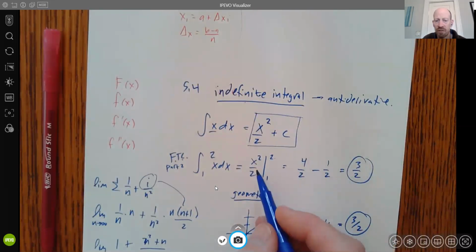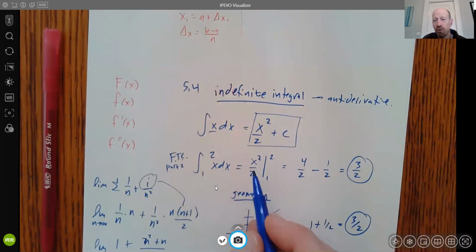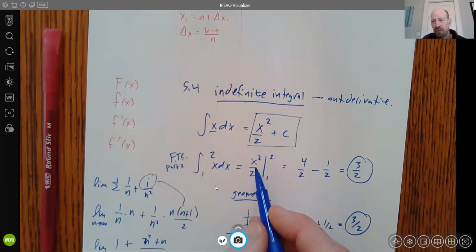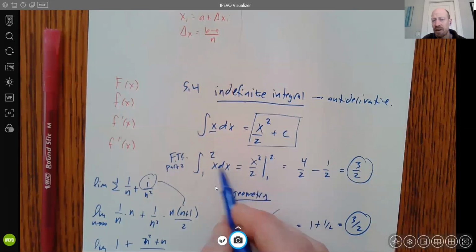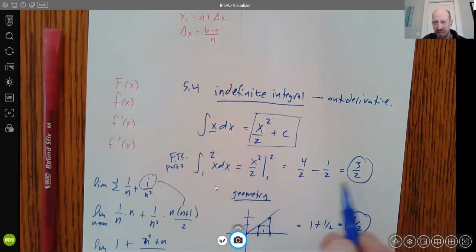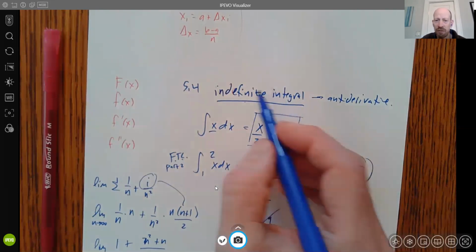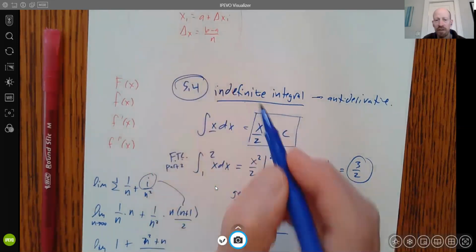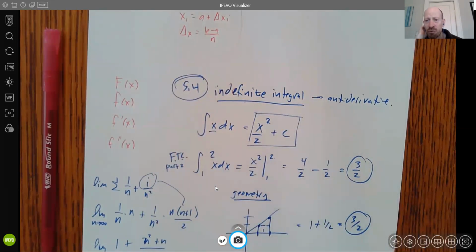This, however, is only limited by our antiderivative skills. So if we can find the antiderivative, the rest of it is cake, easy. So that's going to be our focus here in 5.4 and 5.5, improving our antiderivative skills so we can use this fundamental theorem for more and more problems.